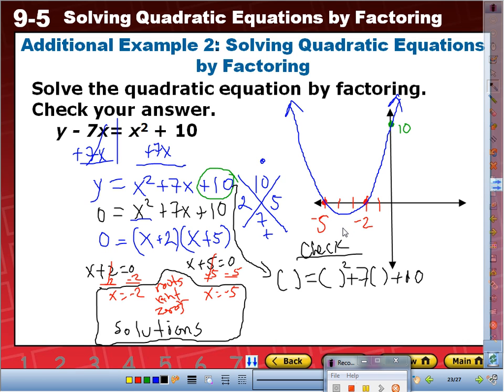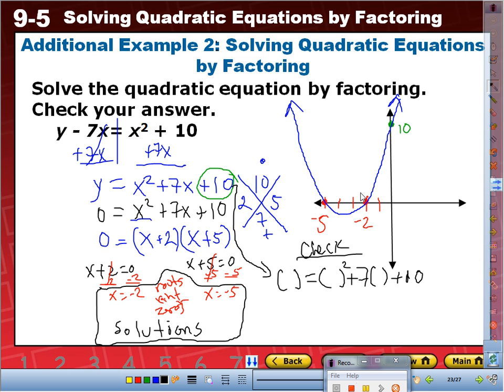But in reality, I can check any point on this parabola. So could I check this point? Yes, and it should be true if I'm correct. But if it's false, that means that you did something wrong on your graph. Does that make sense?